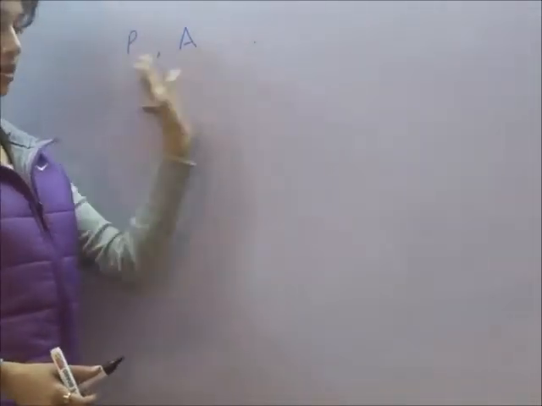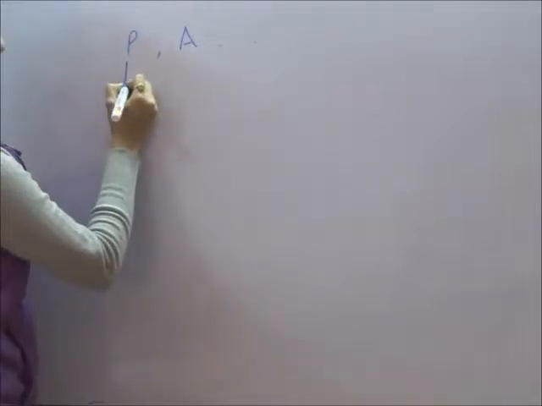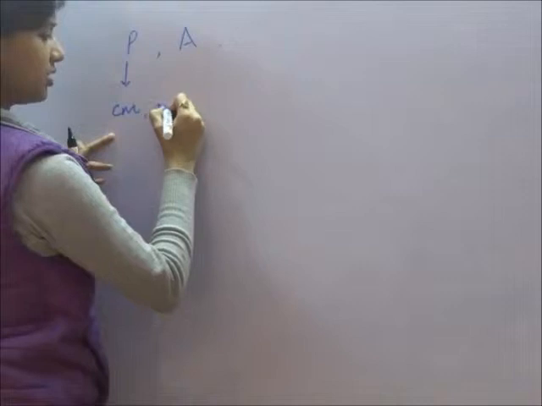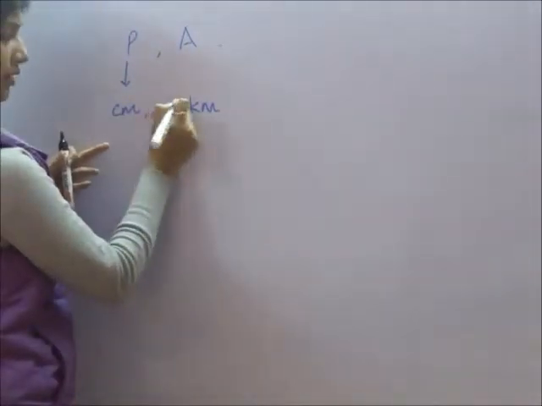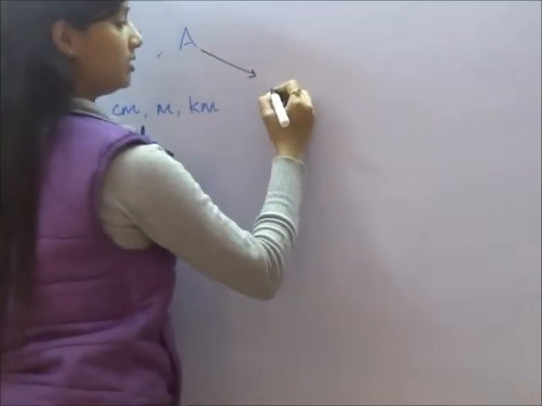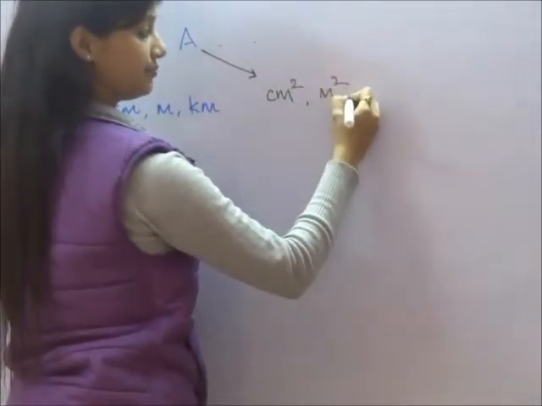But here, the concepts should be clear that for perimeter, the unit will always be a single, either centimeter, meter, kilometer, anything. There will be no square here. But whenever it comes to the area, the units will always have a square.